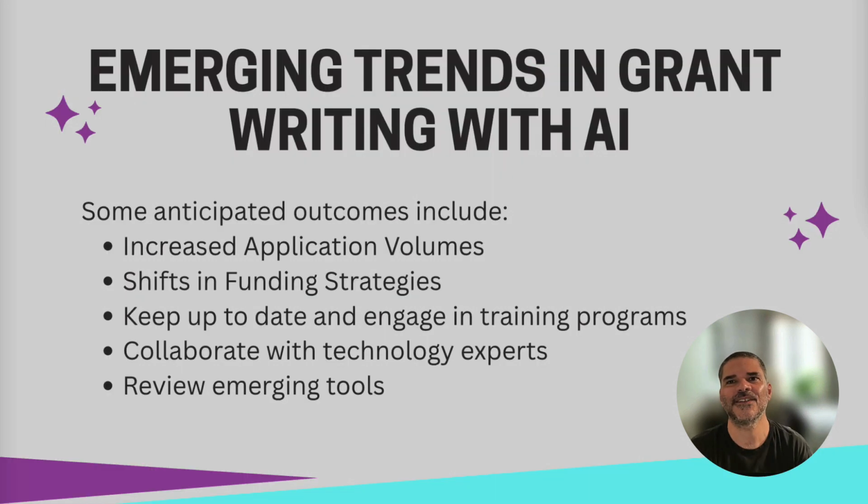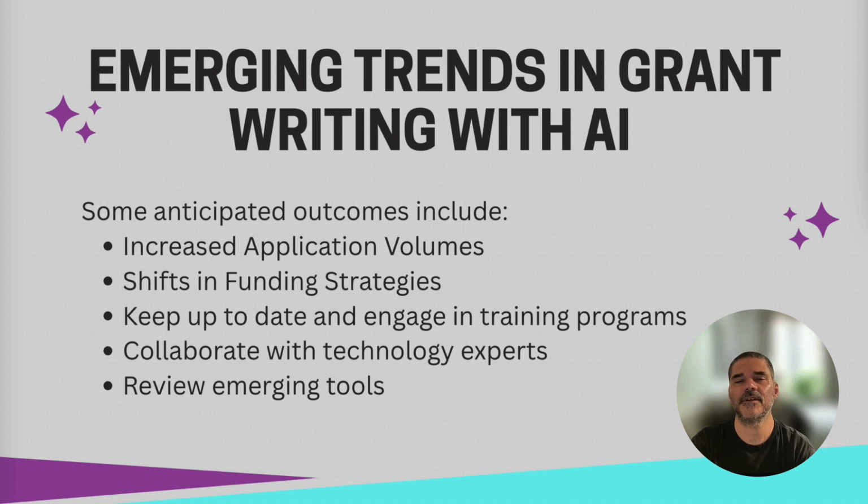Let's move on to some emerging trends in grant writing with AI. So some different aspects are that the first is that there's going to be increased application volumes. It's going to give the tools and help people create stronger grant applications.